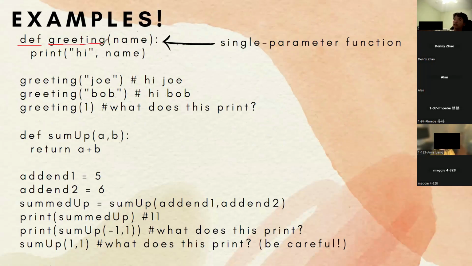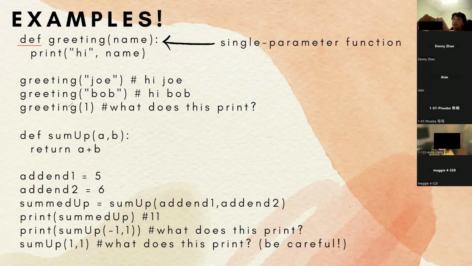The name in this example is greeting, and in the parentheses are our parameters. Now in this function, we have one parameter, called name. These are its own private variables. So when I'm writing code for the greeting function, I can access this name variable, and it will have the value that I define when I call it.